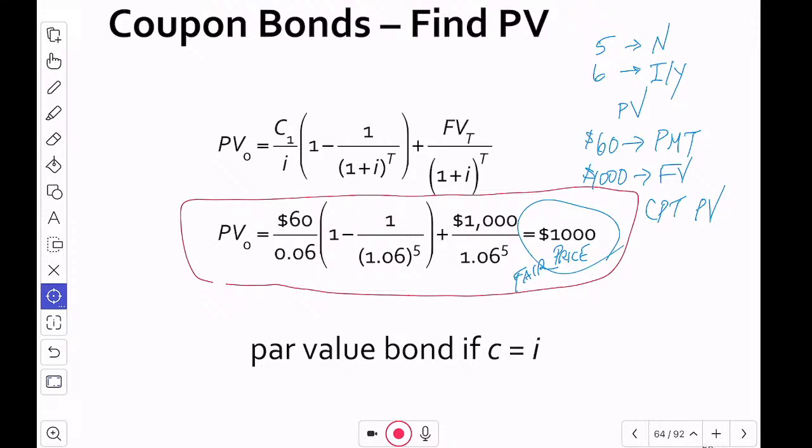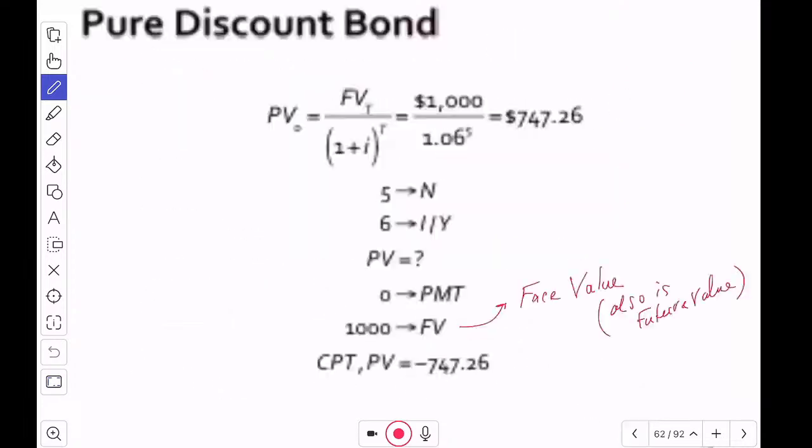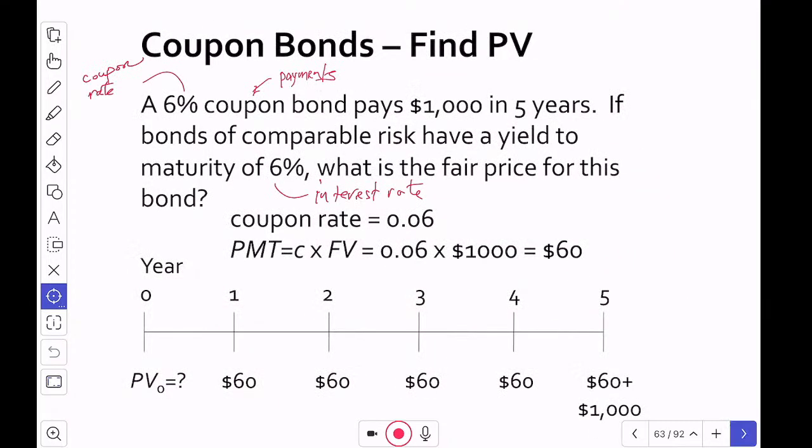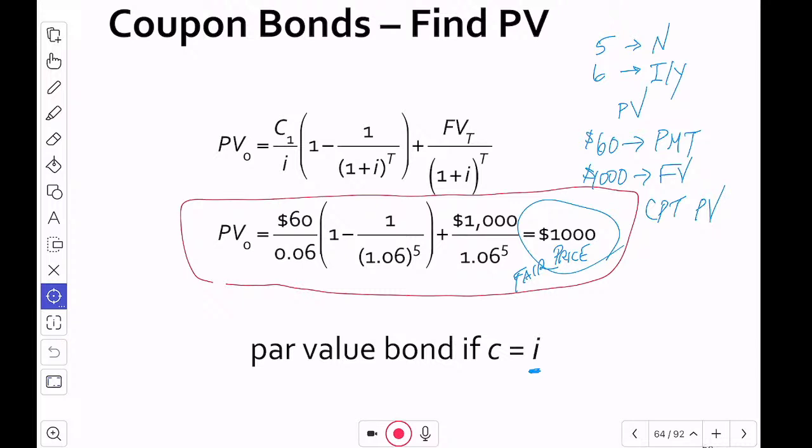So it looks like what's happened is the yield to maturity, or I, is being received not in the markup from the original price, not like the discount bond where you paid $747.26 to get 1,000 in 5 years. You're going to pay $1,000 to get this interest of 6% every year.